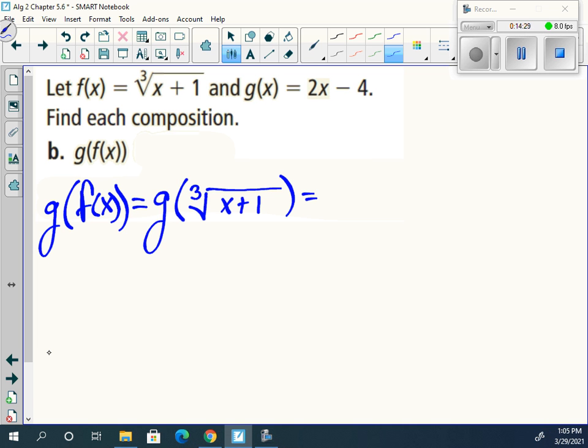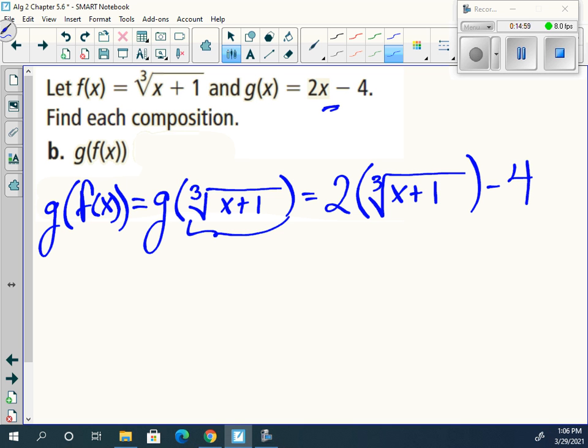Now we're going to plug the cubed root of x plus 1 into g of x, which would give us what? 2x, or the cube root of 2x. So any place where there's an x, we're going to replace it with the cubed root of x plus 1. So this x here is now going to be this.